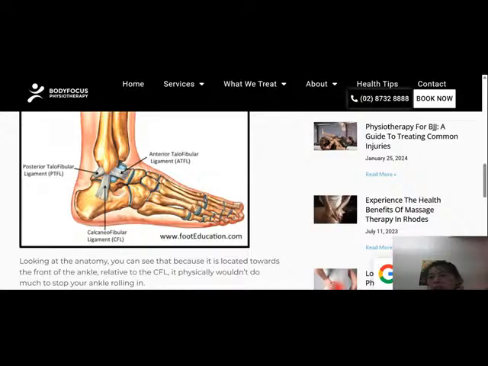The malleoli just means the prominent, rounded bony bumps on either side of the ankle joint.